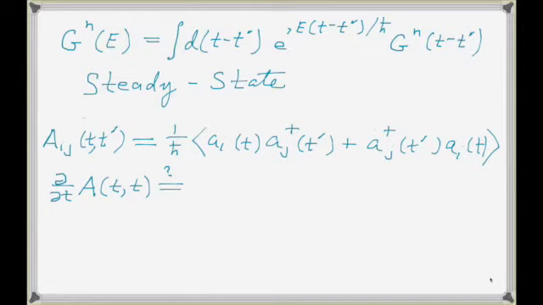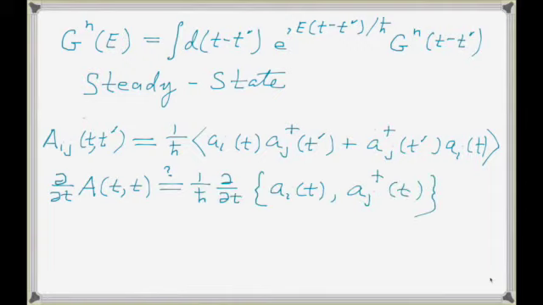I'm setting t equal to t prime and asking what's the time derivative of that. You're thinking kind of along the right direction, but you've got to keep thinking a little more. Forget the Hamiltonian. You don't even need to worry about a Hamiltonian. Set t equal to t prime. And what have you got?